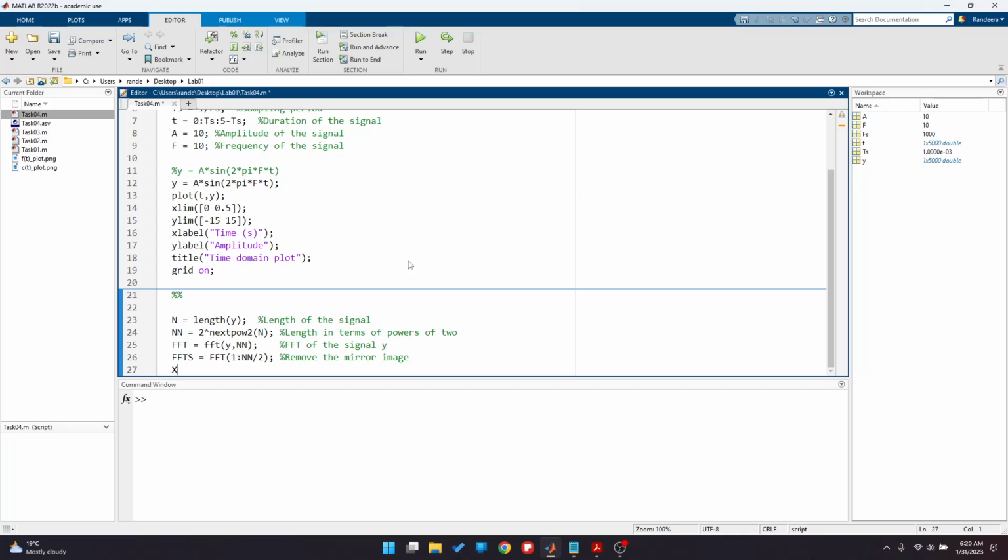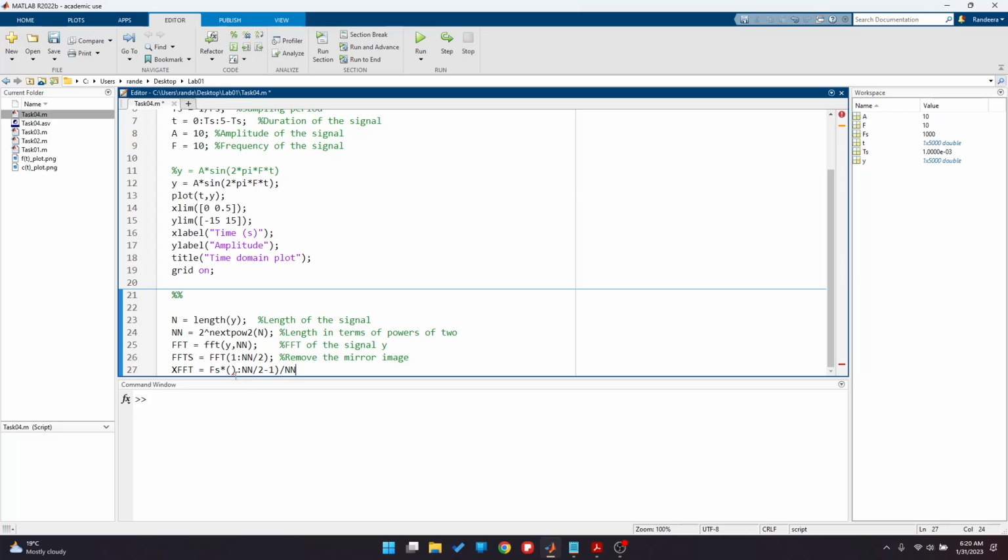So I will have a variable called xfft, and here I will take my sampling frequency fs and multiply that by 0 to nn divided by 2 minus 1, and this will be divided by nn.